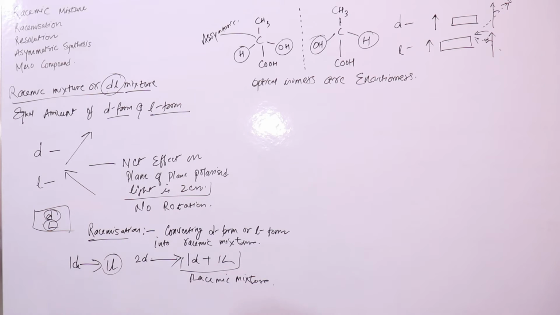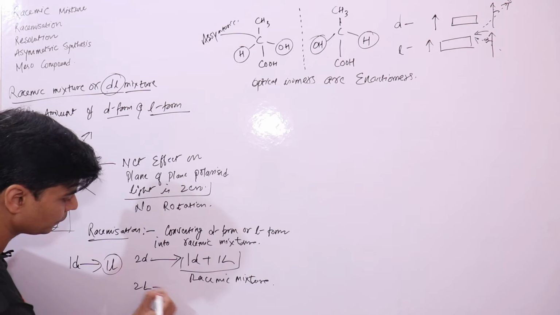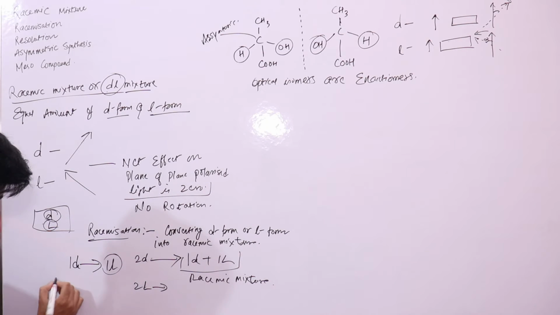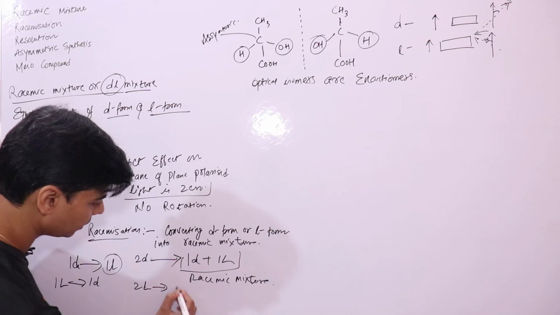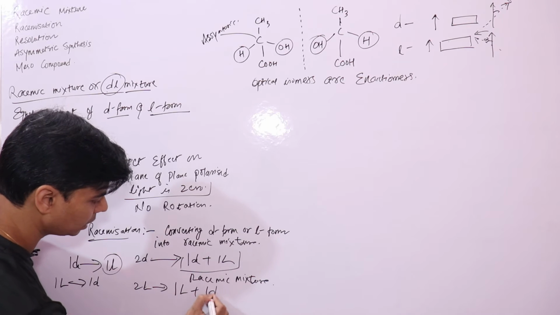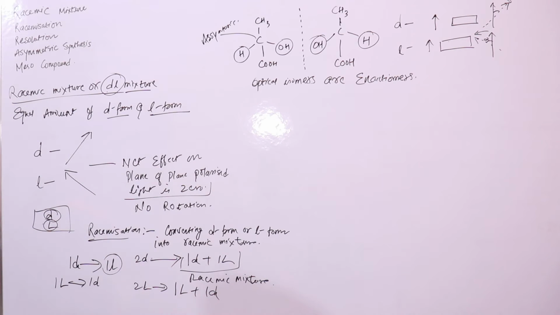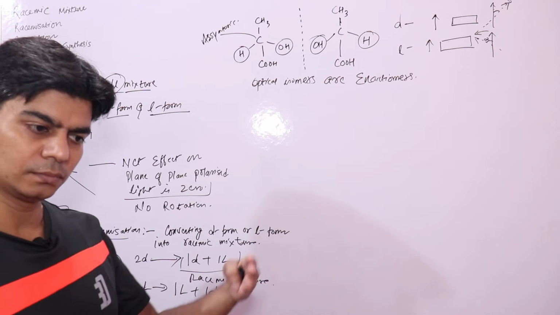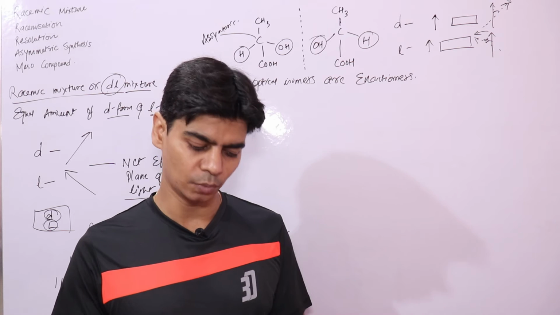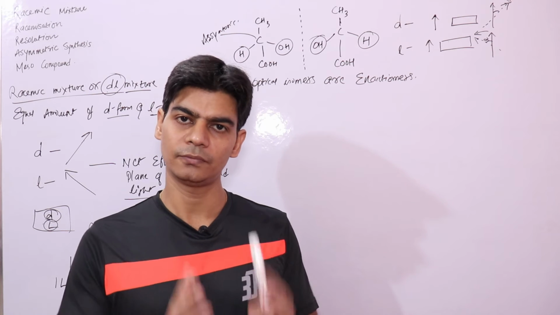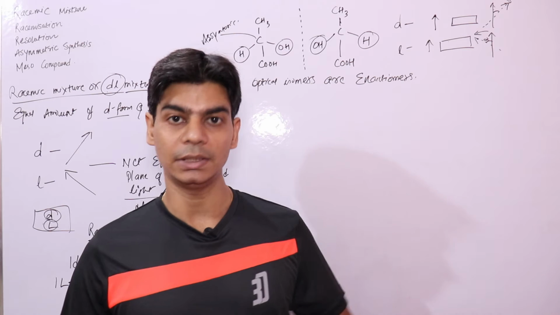right? So the process of converting D isomer or L isomer, similarly if you have L isomer, so what you will do is you will convert half of L into its isomer D form. So now what you will get is 1L plus 1D, which is a racemic mixture. So racemization is a process of converting an optically active isomer into racemic mixture by converting half of the optically active compound into its enantiomer, right?